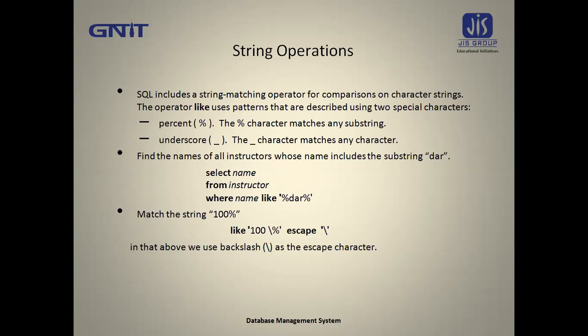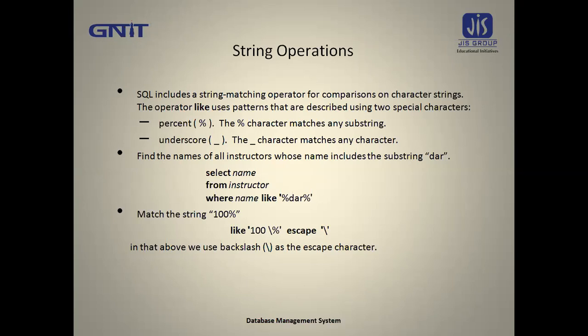So I'm writing the command as select name from instructor relation where name like. The like operator is used for string operations. Like, inside the quotes, percentage DAR percentage. That means where name like percentage DAR percentage.